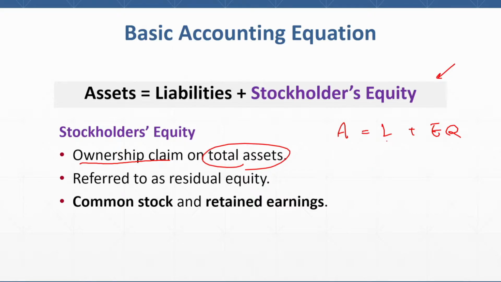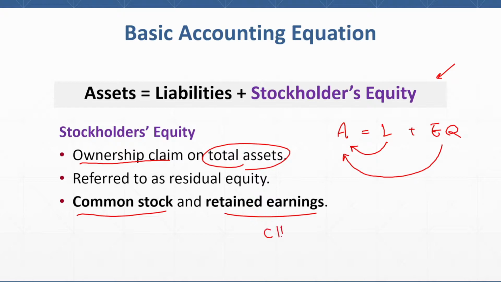It basically means lenders, creditors, as well as investors, both of them have rights against our assets. They can come and collect. They can come and take our money, take our car, take our building. They can claim against our assets. Examples of equity are common stock and retained earnings.